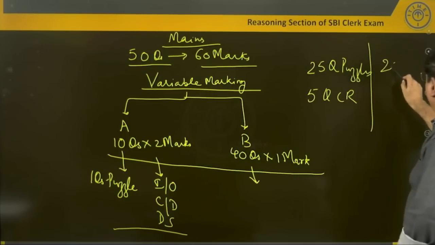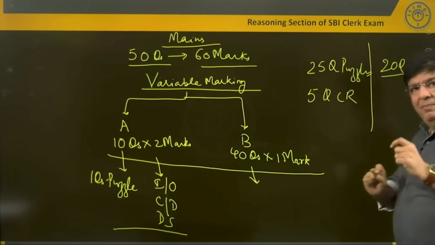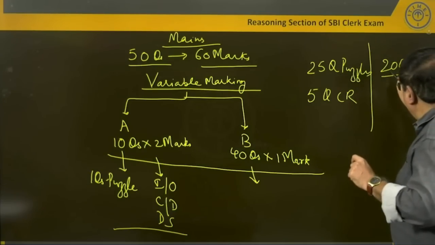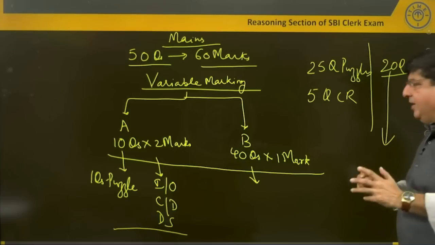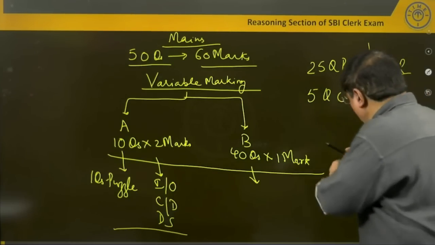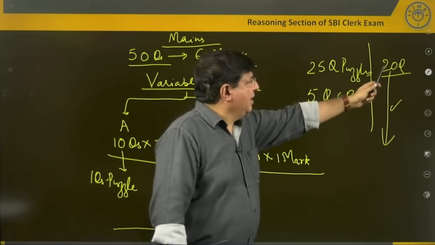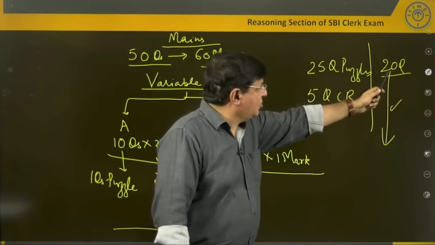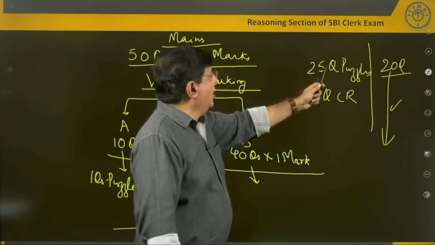So 20 more questions to go. It will be better that we attempt these 20 questions first, say in 20 minutes or 25 minutes, which will have questions on coding decoding and symbols notations, blood relations, directions. So attempt these 20 questions first and then you can look at doing 1 or 2 puzzles.